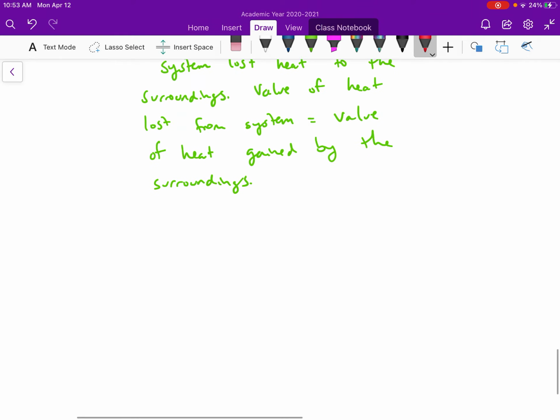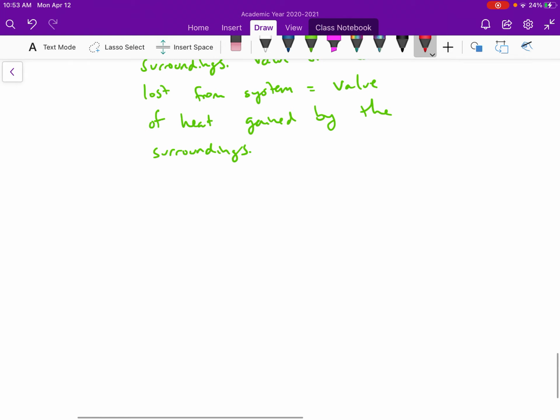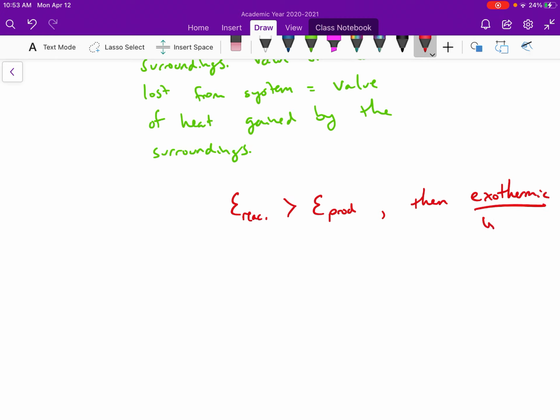So you end up with that. So if we say that the delta E, that the E of the reactants is greater than the E of the products, then it's going to be exothermic. System loses heat. Okay?